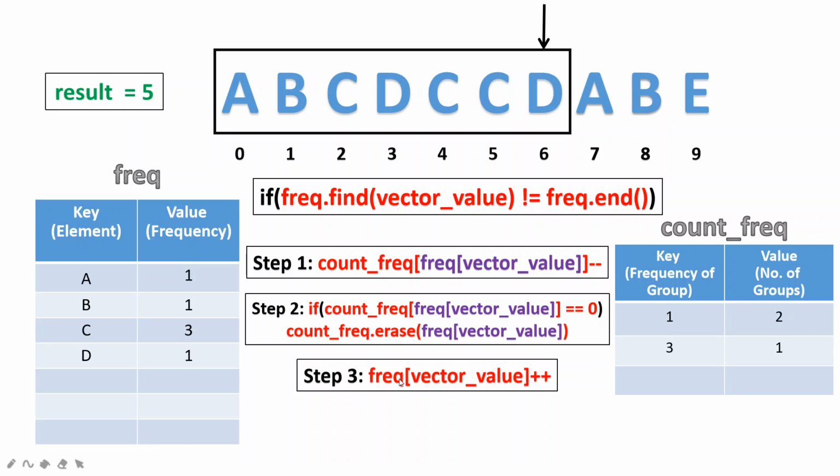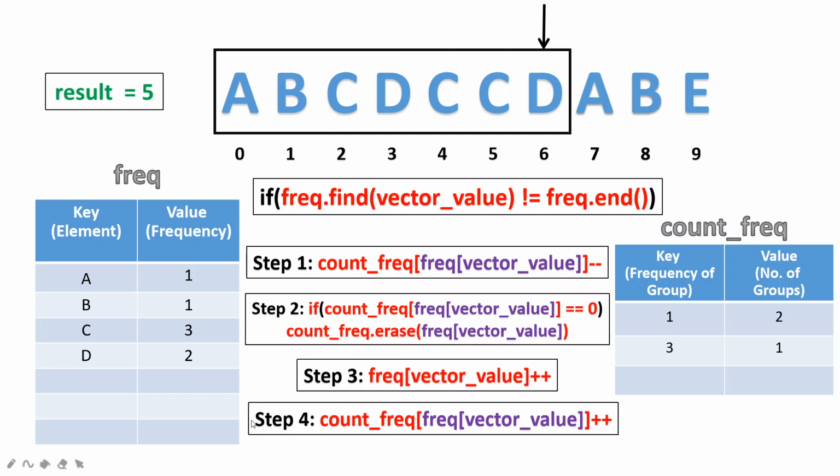And now what we do is we take the vector value, that is D, which points to 1, but we want to increase this to 2 because D occurs 2 times. After doing that, we will have step 4, which is basically creating the element in the hash map. So 2 comes here as a 2-1 pair.